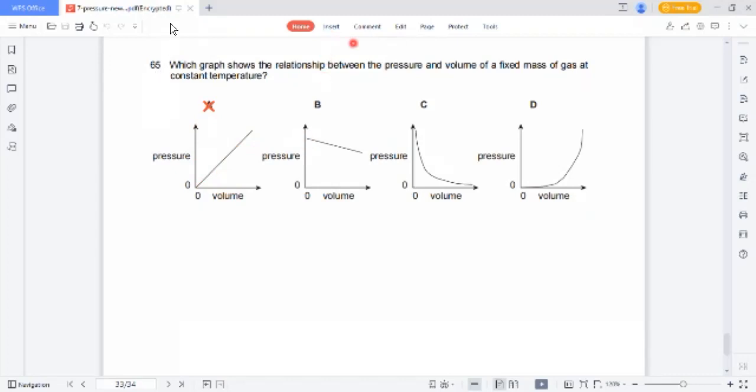That's impossible, volume can't be zero. In this one, the pressure is not zero and the volume is not zero, and it decreases. It's quite similar to an isothermal process, so that looks fine. In this case, pressure increases and volume increases. That's a wrong statement.